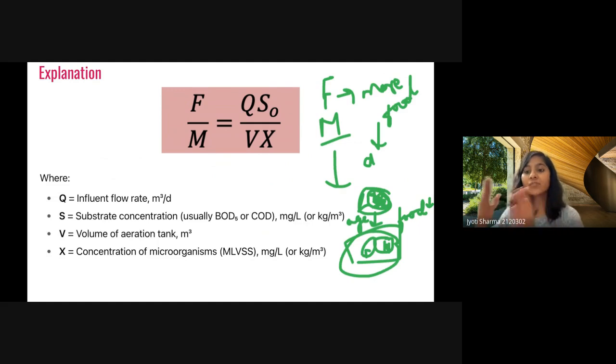Whenever this age is longer, the BOD removal efficiency will be higher, and sludge will be less. So that's how this is inversely proportional.